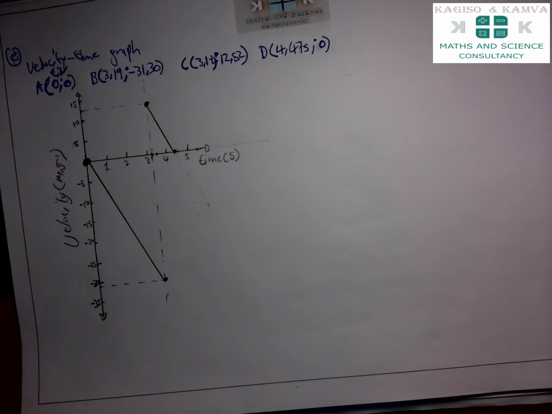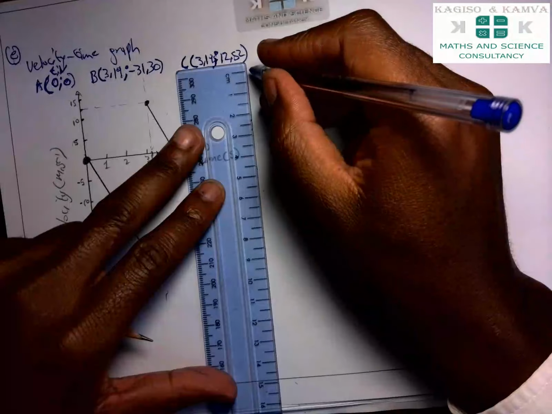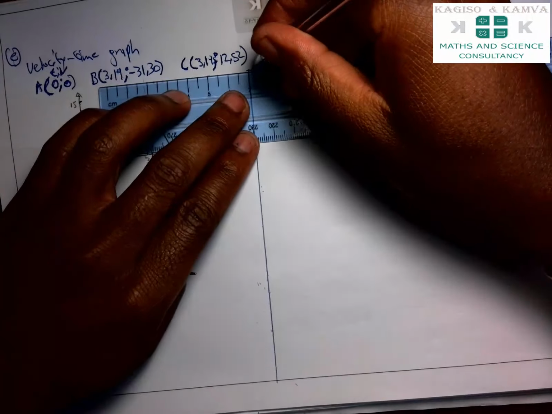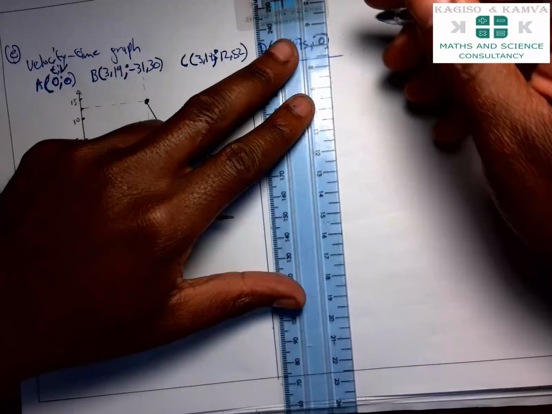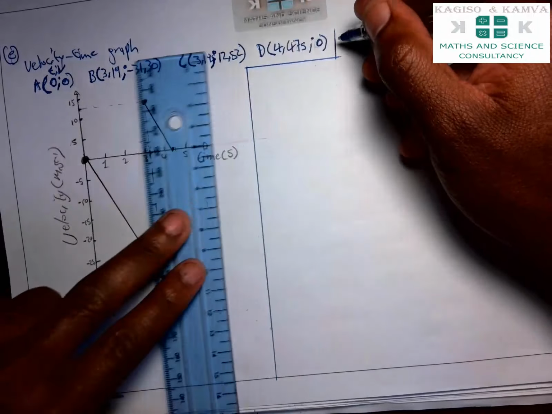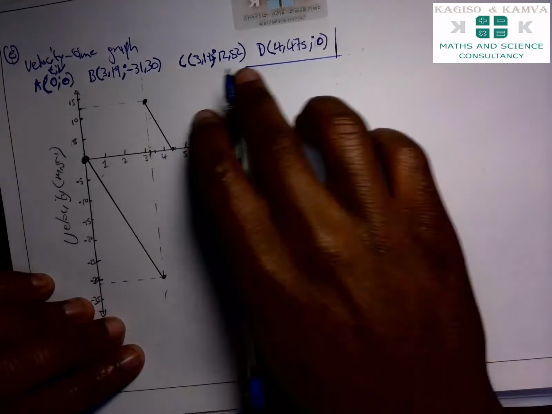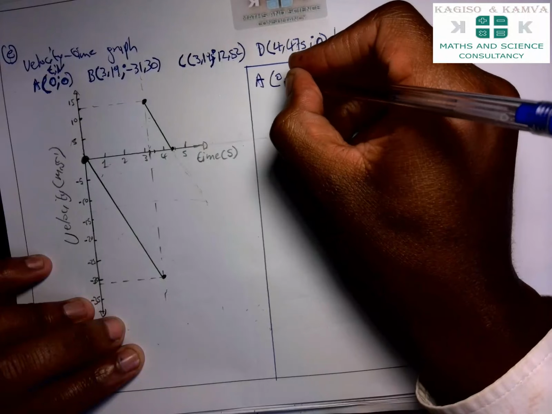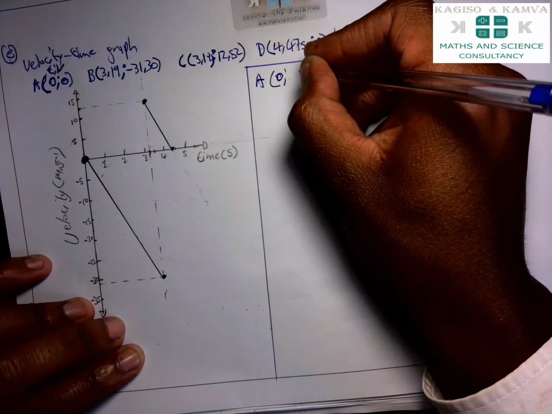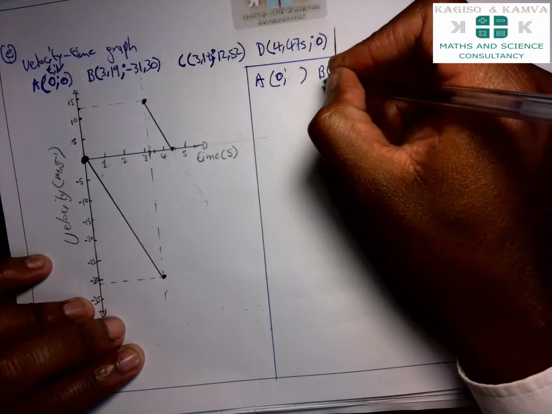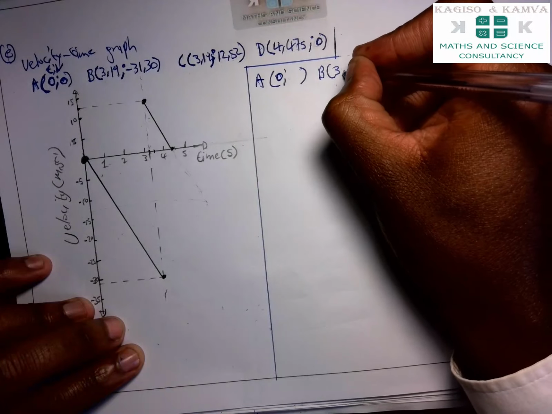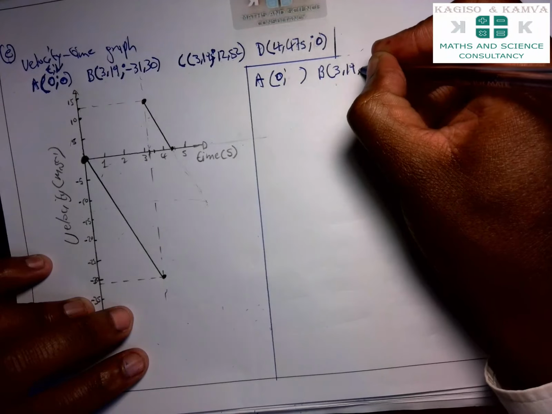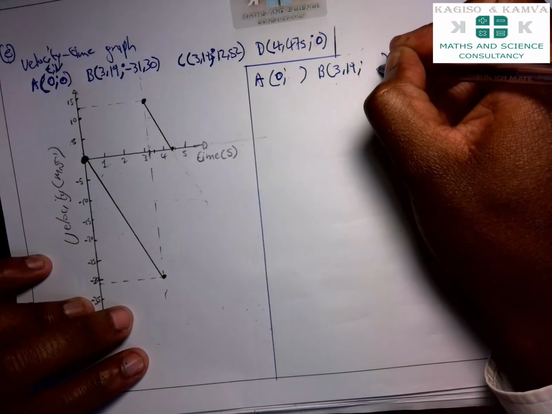So for the displacement time graph, we will need to do the same as we did with the velocity time graph. We need to have these points. Since we know the times, at A the time is 0. We just need to find the displacement there. Then B, the time at B is 3,19 seconds, and we need the displacement at this side.